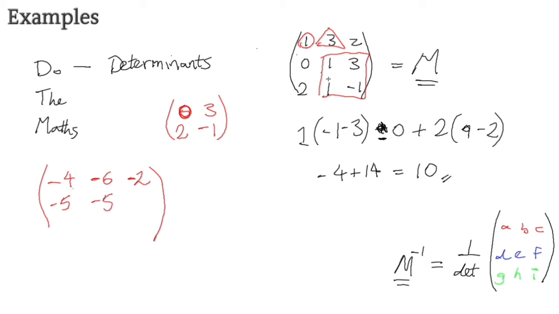Then for 3, 1 times 1 is 1, take away 6 is minus 5 yet again. This is coincidental, by the way, I didn't plan this out. For 2, 3 times 3 is 9, take 2 is 7. For 1, we have 1 times 3, take 0 is 3. And finally, for minus 1, this is just 1, take 0.